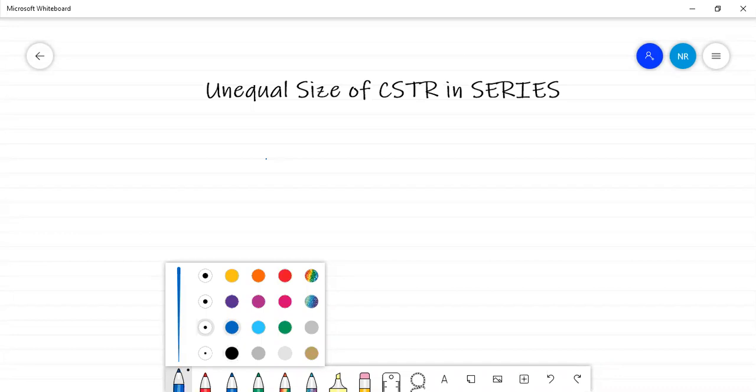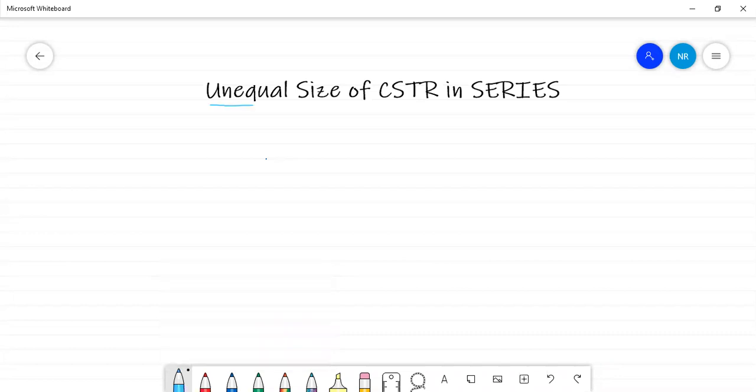So that is the two objectives. But first we'll consider how I can find out the concentration and conversion after the second or last CSTR.